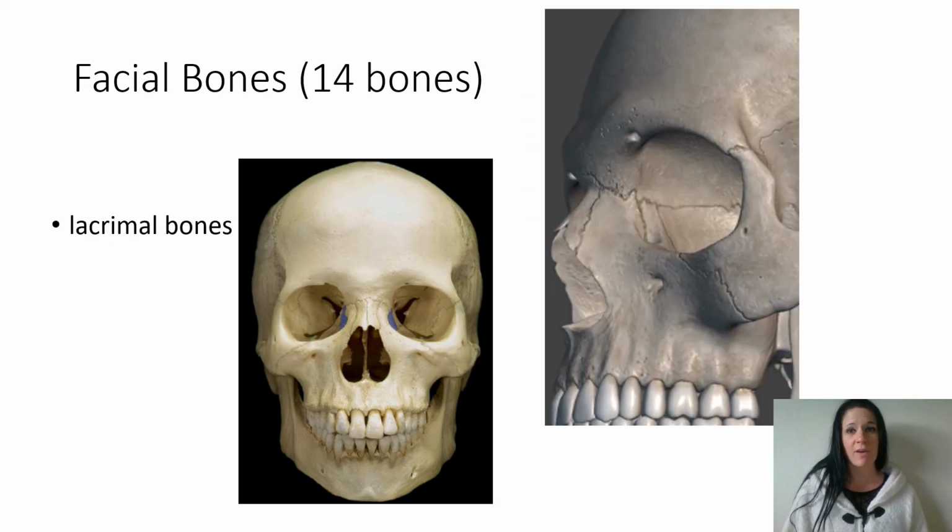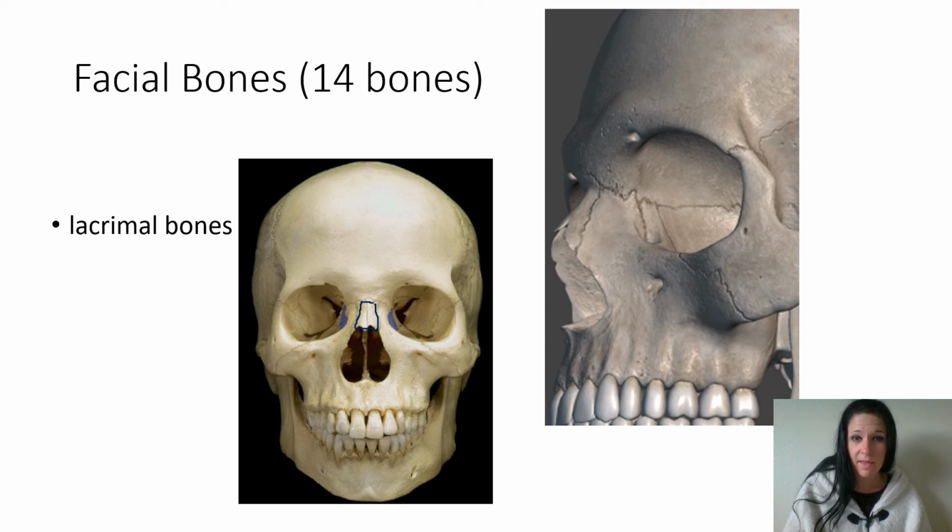Moving on, we have 2 lacrimal bones. So the lacrimal bones are going to be lateral to the maxillary bone and sit right in the medial corner of the orbit. Okay, so if we look, we can see our nasal bones that are right here, making up the bridge of the nose.